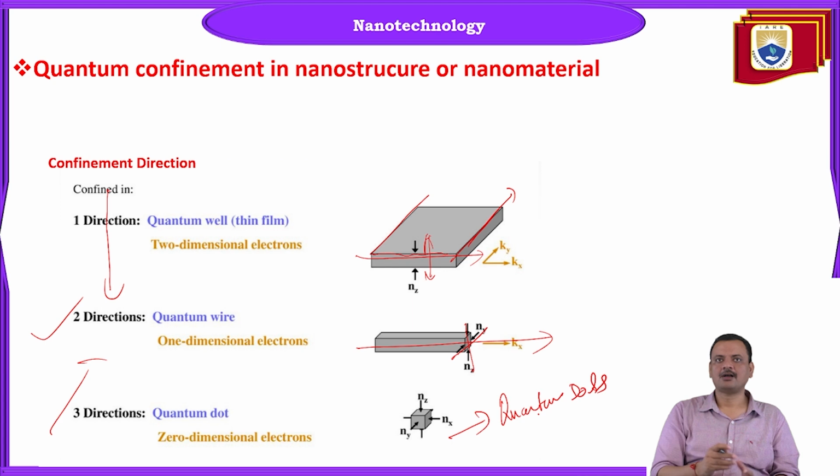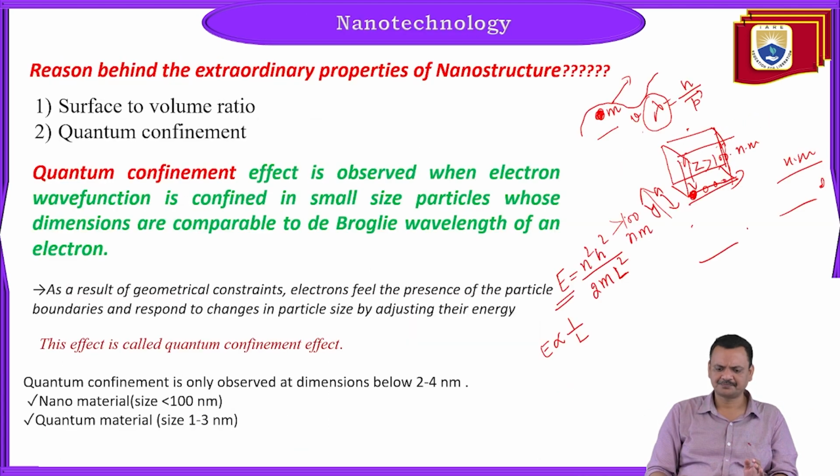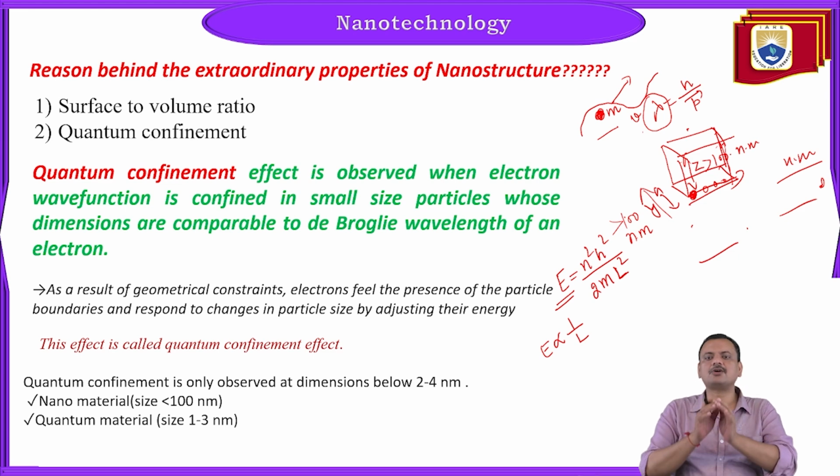Okay. So, surface to volume ratio: more electrons will be available on the surface, so your material will be more reactive. Means if you go from bulk to the nano region, more atoms are available; all the atoms are generally available at the surface of the nanostructure.